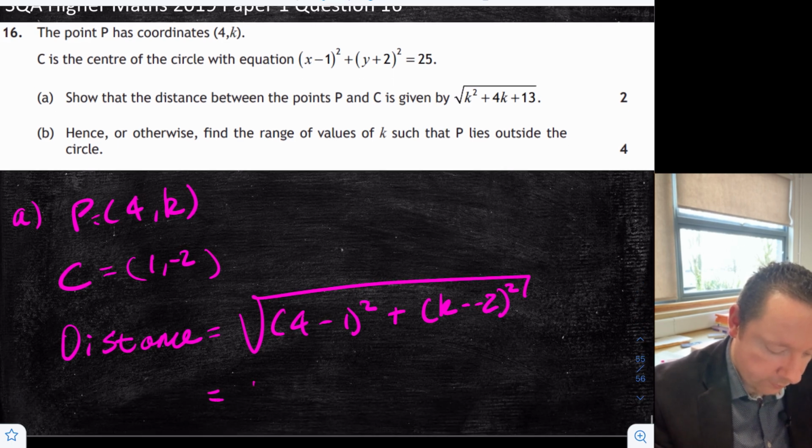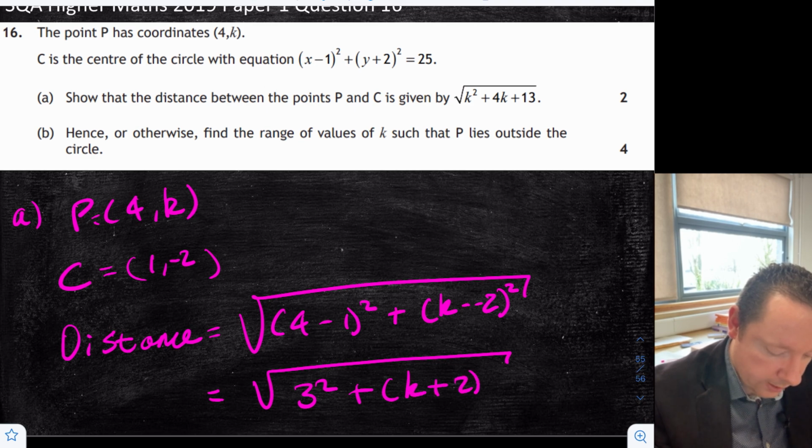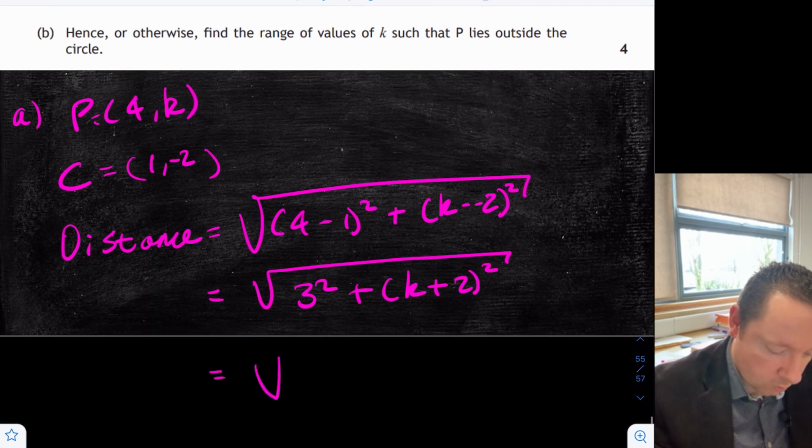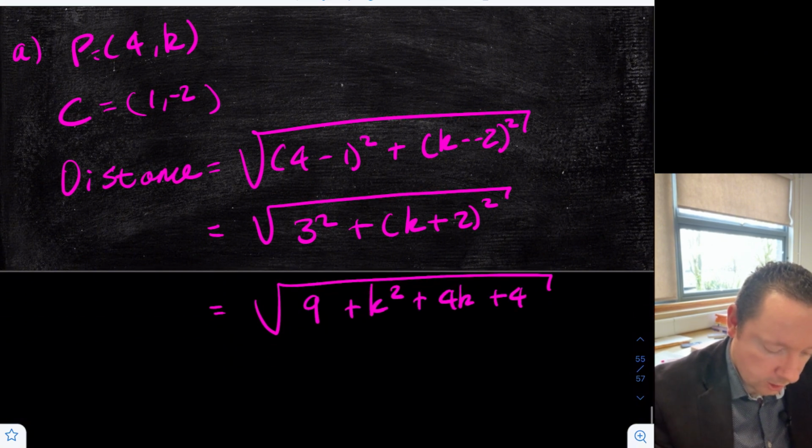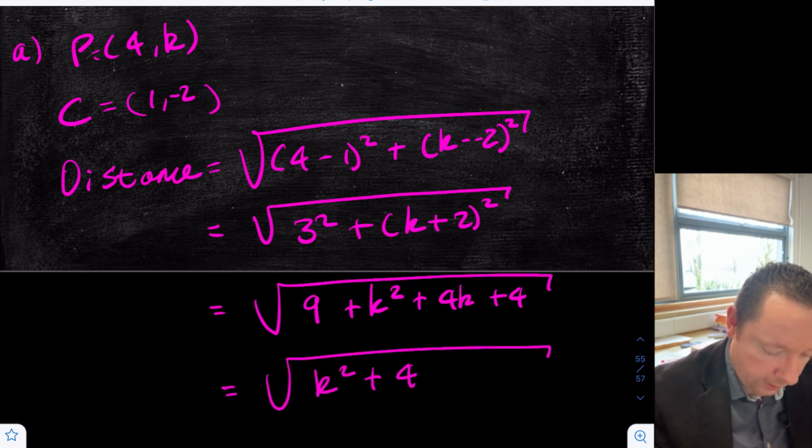Tidying that up, we get the square root of 3 squared plus k plus 2 squared. That equals the square root of 9 plus k squared plus 4k plus 4, which equals the square root of k squared plus 4k plus 13 as required.